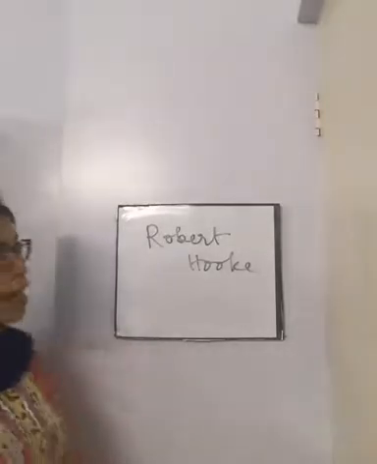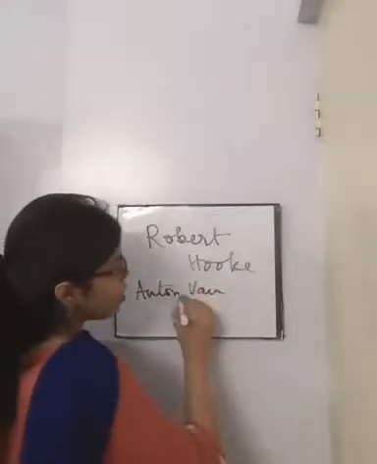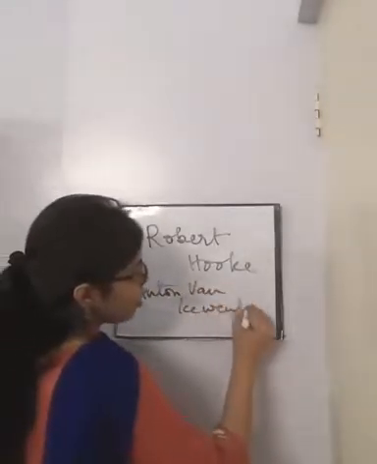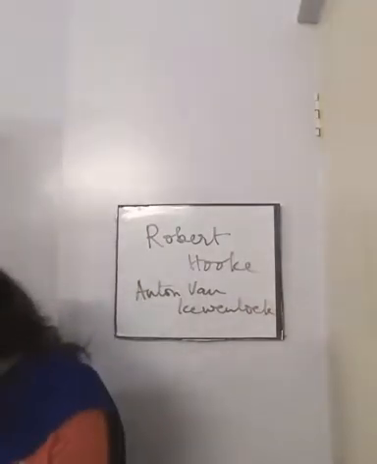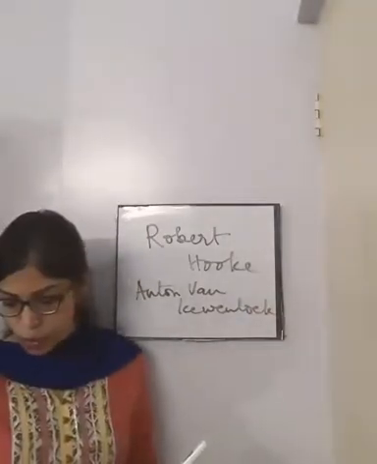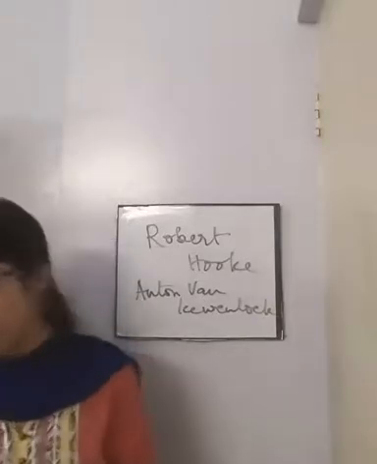So this is one important discovery in the history of discovery of the cell. Next comes Anton van Leeuwenhoek. What did he do? He first observed bacteria, protozoa, sperm, blood cells, etc. with the help of a simple microscope prepared by him.